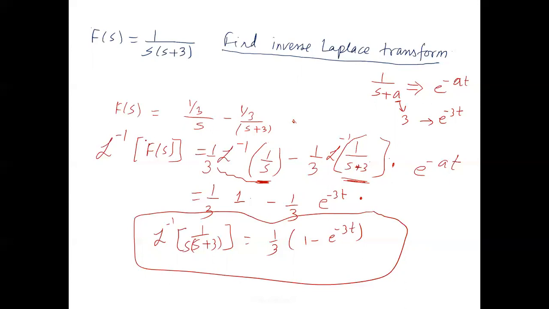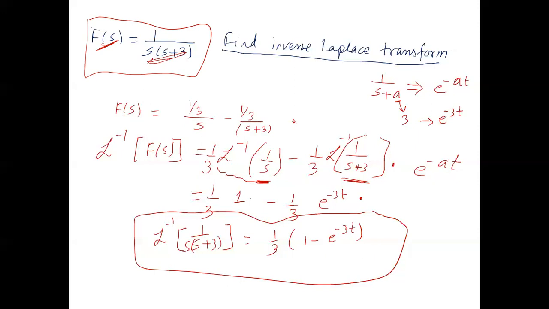Okay, so our goal, let me repeat it, is to figure out the inverse Laplace transform of this relation, right? First step is to find the partial fractions, because we have two factors here, s and s plus 3.